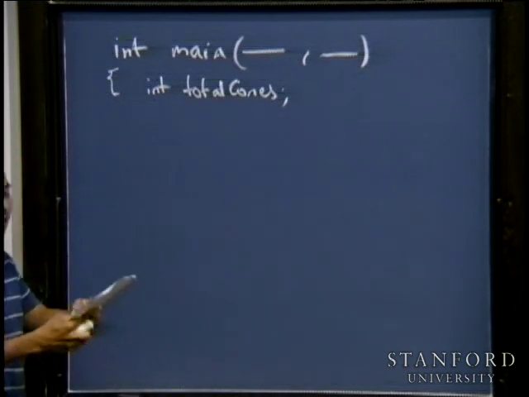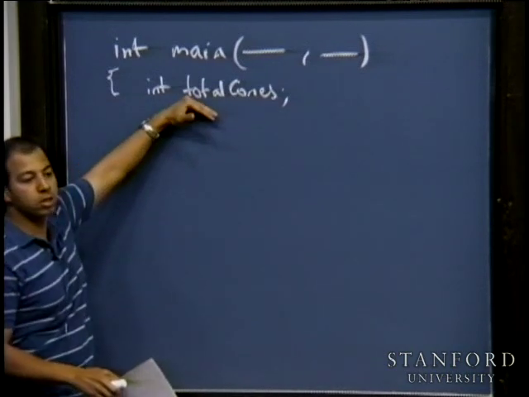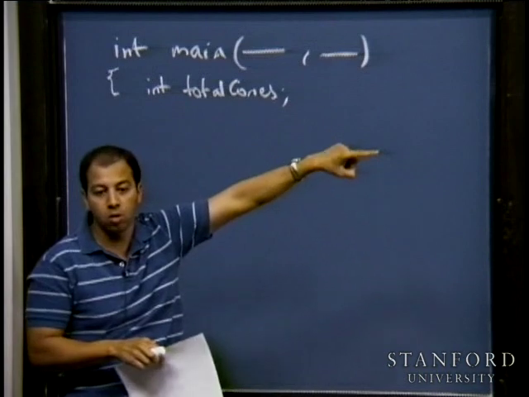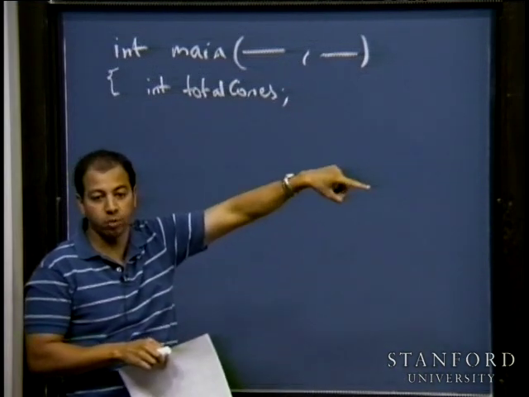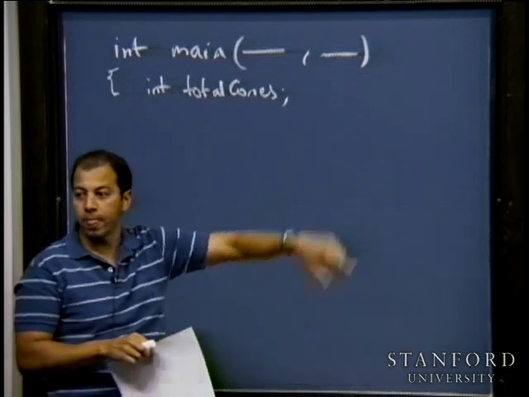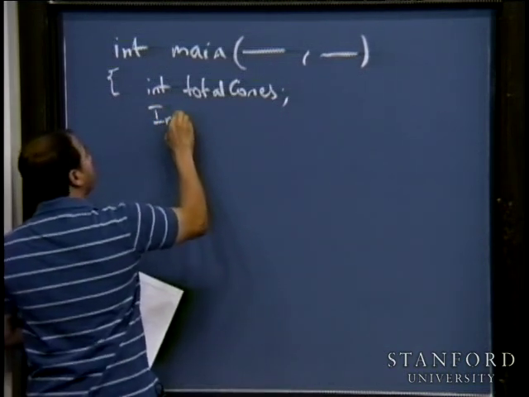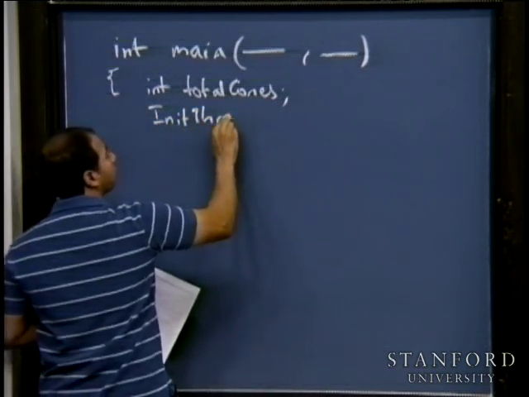So the main function is going to get the total number of cones, which is required to spawn the manager, because the manager needs to know how many cones there are, because he can't leave until he's done with all the cones. Right? So we do the normal stuff. We init the thread package.